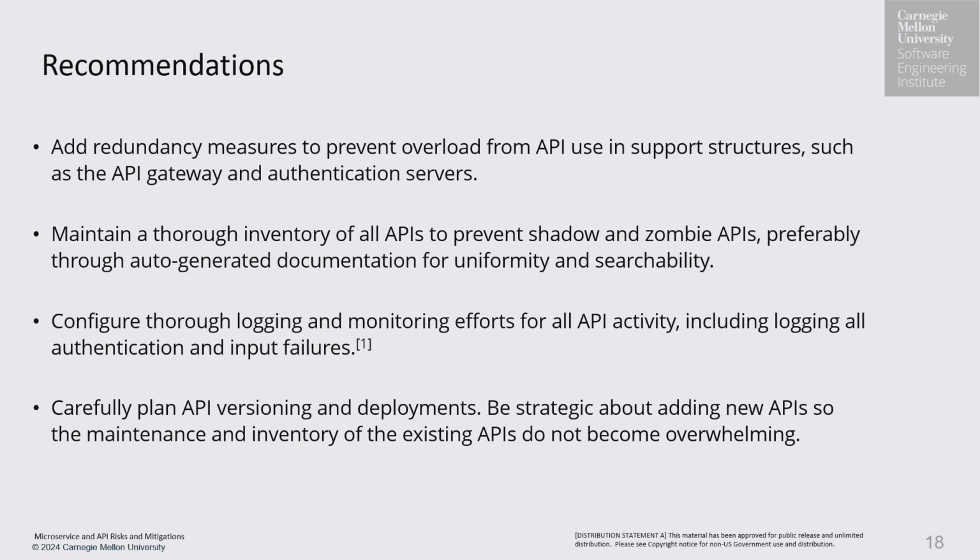So if you're keeping older versions up, you are then adding more work for your API gateway, for potential service discovery mechanisms. All of the support structures around it are also going to have to continuously maintain all of those APIs. So just being strategic about new deployments will help make sure that your entire network doesn't get too overwhelming.